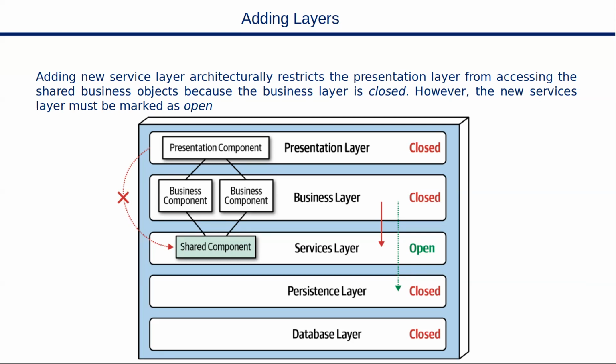However, the new service layer must be marked as open. So we will restrict this communication and not allow access from the presentation layer to shared components. We will make an additional layer, let's call it the service layer, that will be between the business layer and the persistence layer. And we'll make it open because what?